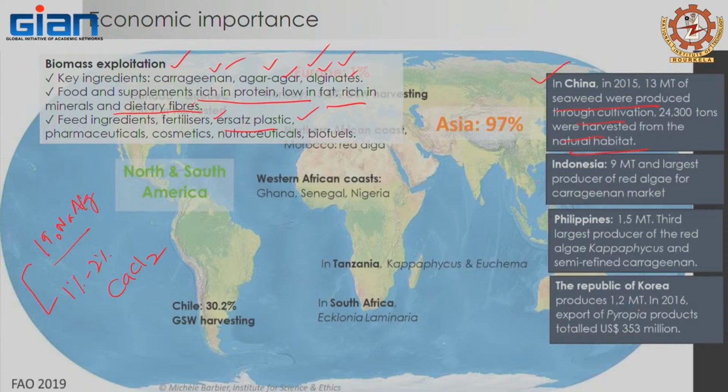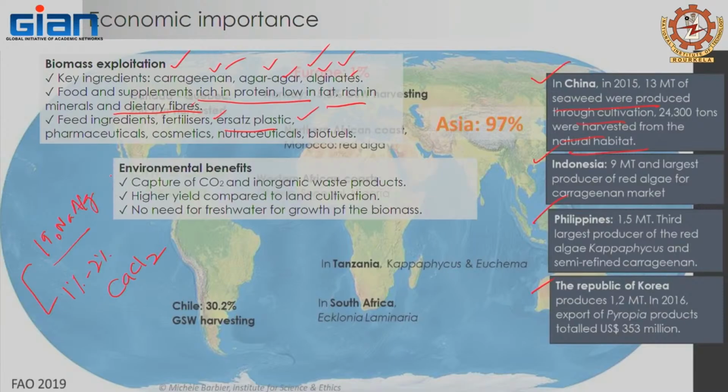So, major producers are China, Indonesia, Philippines and Korea. Then environmental benefit: it captures CO2 and inorganic waste. That means for any of the carbon polymer formed in a seaweed, where does the carbon dioxide come from? The environment. We have CO2 as a major greenhouse gas.